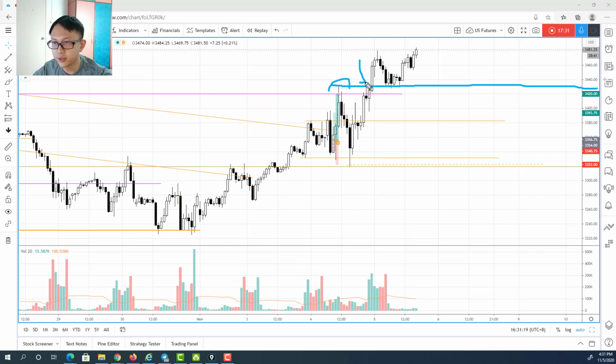Once it breaks out, it becomes support, gets tested, and then rebounds from here. So if it has a chance to come back and form a reversal up, then that could be the long entry. Otherwise, if it simply breaks out from there, then I'm looking for continuation to the upside, trading the pullback and continuation. So that's my plan for the session later.